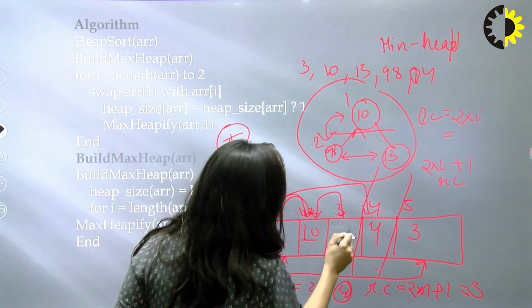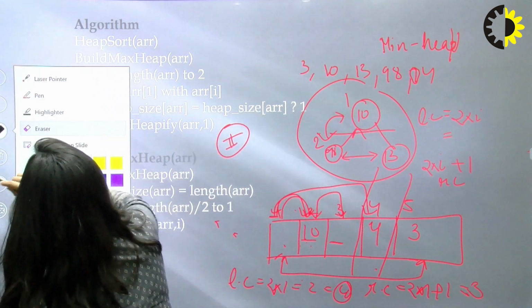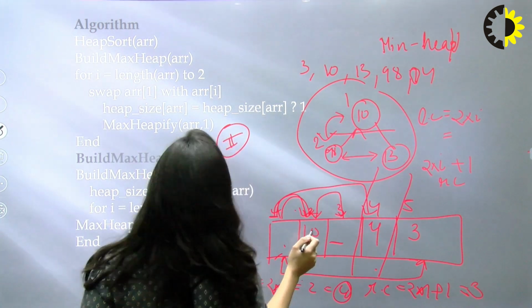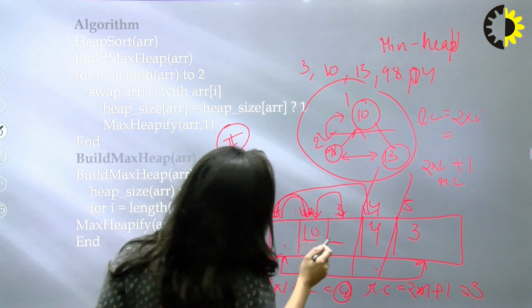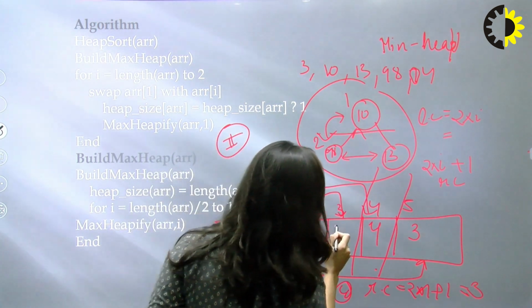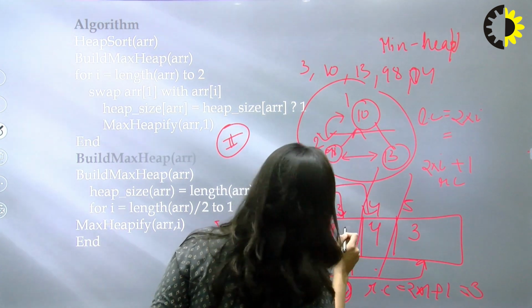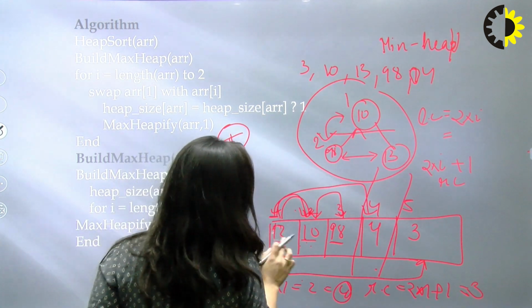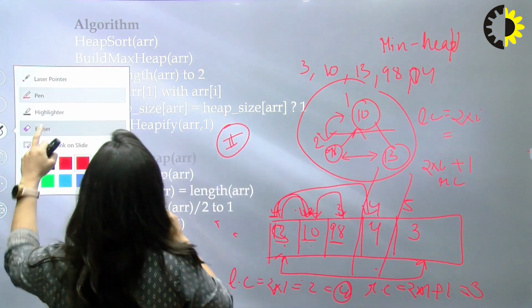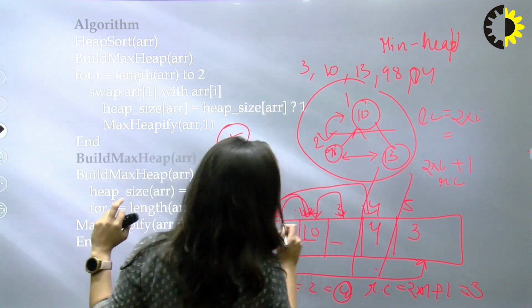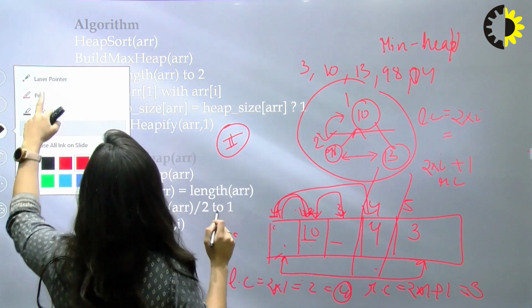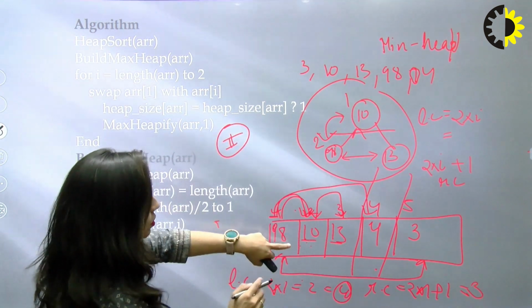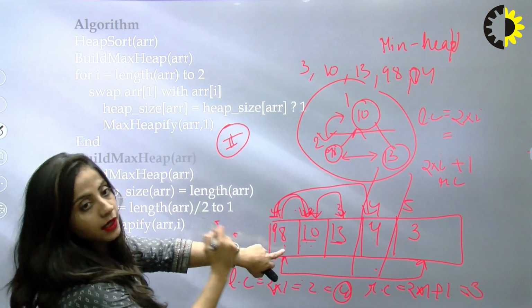Let me rewrite these. I'm sorry. See, so what we will do, we will swap 10 and 98.